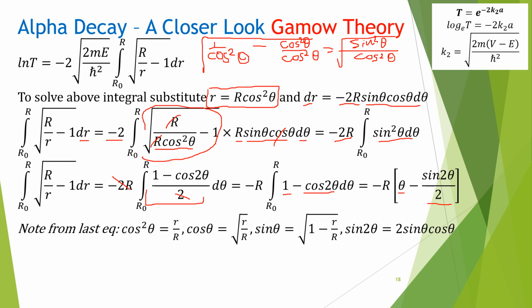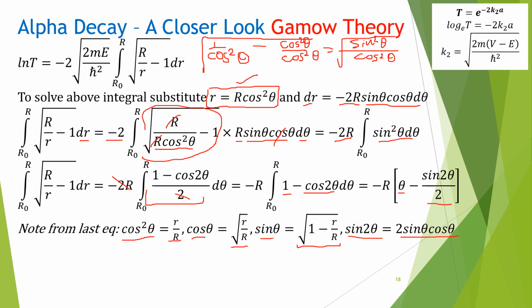Now from this very substitution, cos square theta is equal to r upon capital R, and cos theta is equal to under root of r upon capital R. Sin theta is under root of 1 minus cos square theta, so under root of 1 minus r upon capital R, and sin 2 theta is equal to 2 sin theta into cos theta.